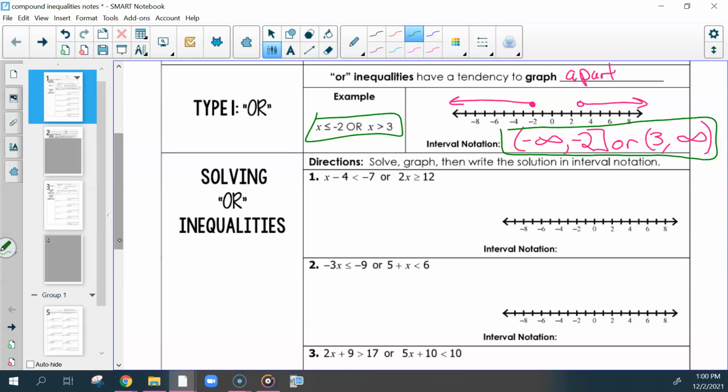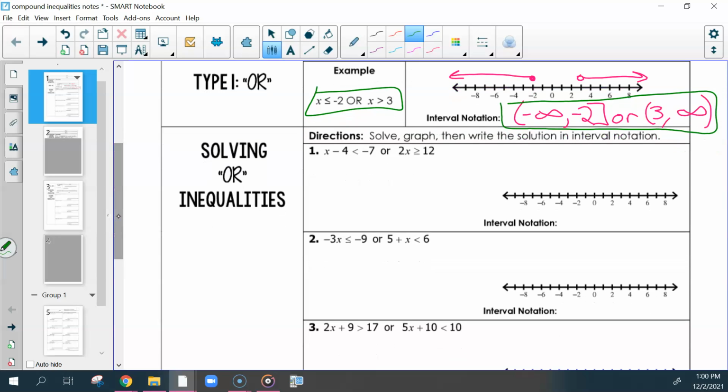Now we're going to actually solve one of these and do all of those things. So for number 1, you have 2 different inequalities. Solve them separately. What I mean by that is what you do to one, you are not doing to the other. You are solving them as 2 separate inequalities. So for this one, we would add 4 to both sides. That would give us x is less than negative 3.